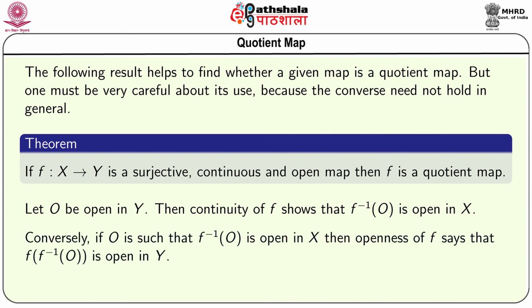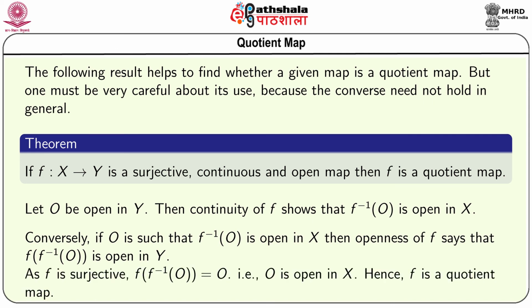Now, conversely, we start with an open set O such that f inverse O is open in X. Then it is given that the function f is open. So, f of f inverse O is open in Y. The function is surjective and therefore f of f inverse O is O. That is, O is an open set in Y, which proves the requirement.